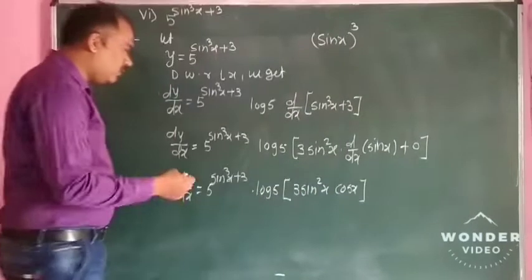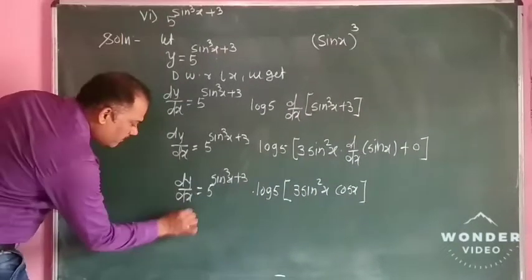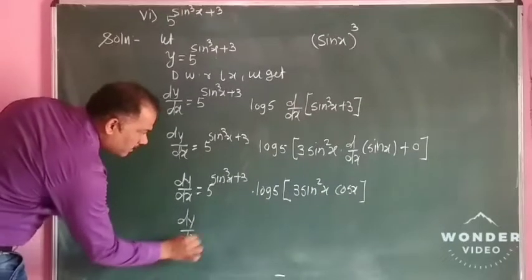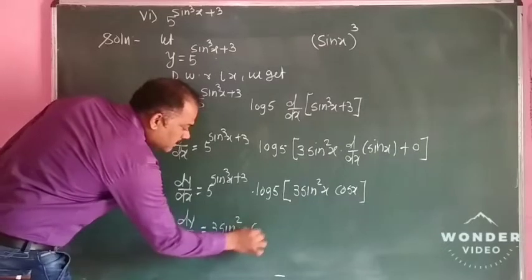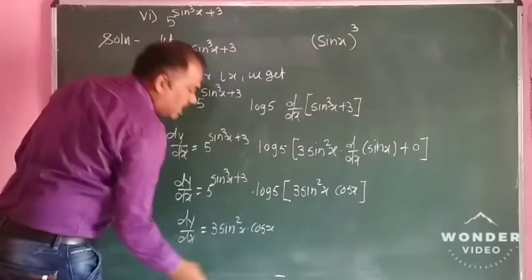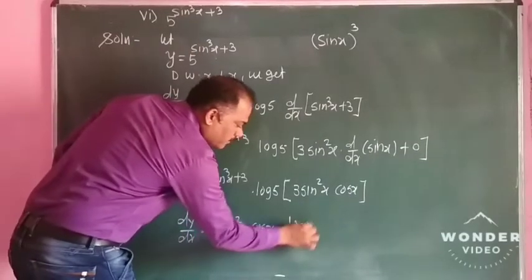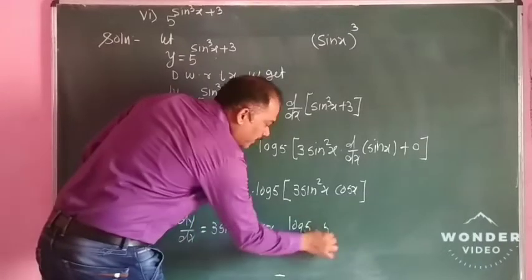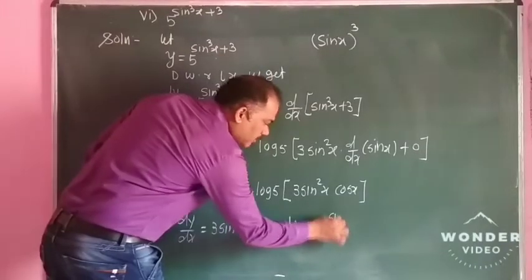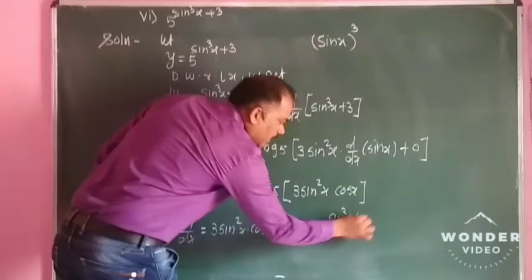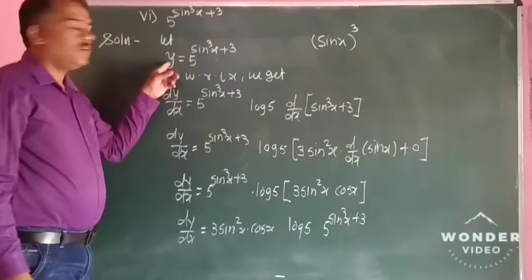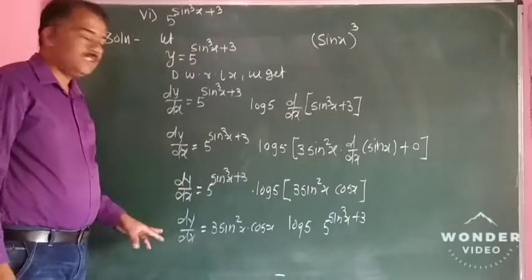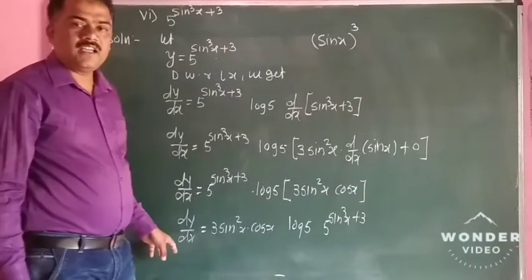Now we rewrite these terms: dy by dx is equal to 3 times sine square x into cos x into log of 5 into 5 raised to sine cube x plus 3. That is the required derivative, it is the required answer.